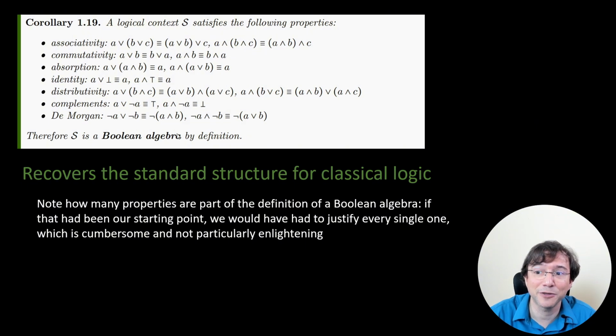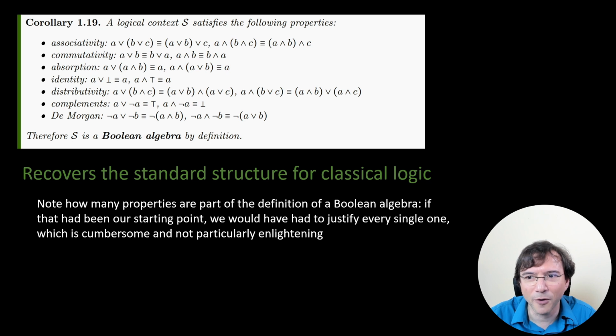By definition, a Boolean algebra is something that satisfies these properties, and what we defined satisfies these axioms. So we recover the fact that we have a Boolean algebra. And again, if you're a mathematician who says, this is a lot of work, why didn't you just say that you have a Boolean algebra? Well, note how many things I would have had to justify if I had just assumed a Boolean algebra.